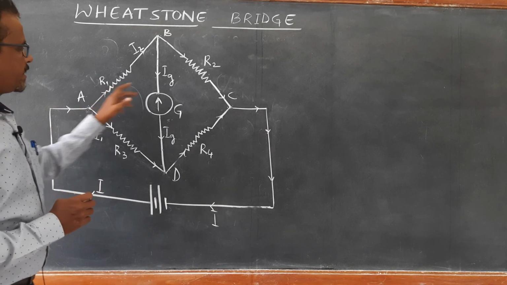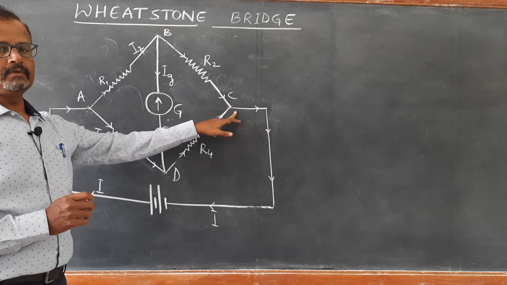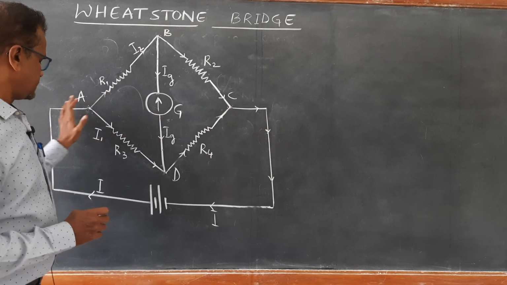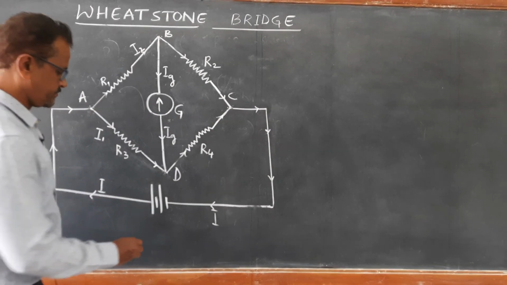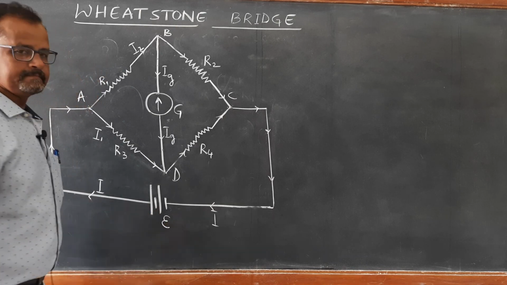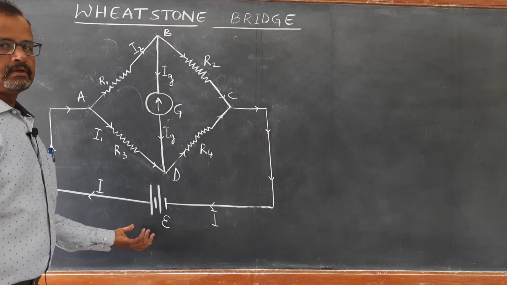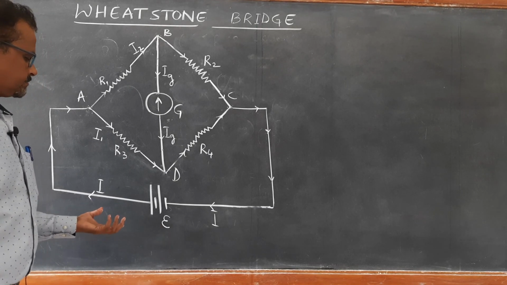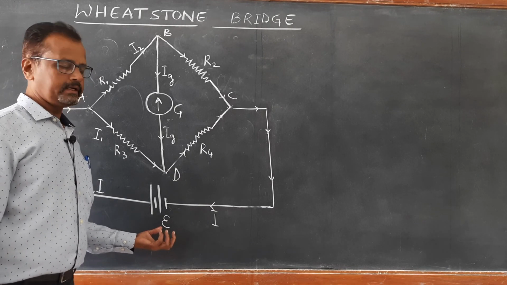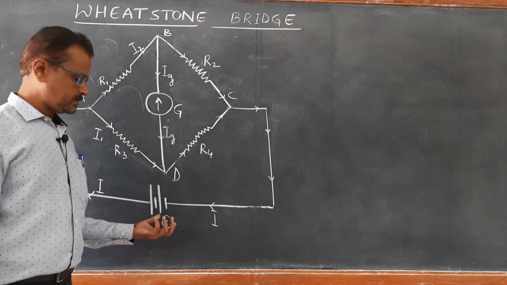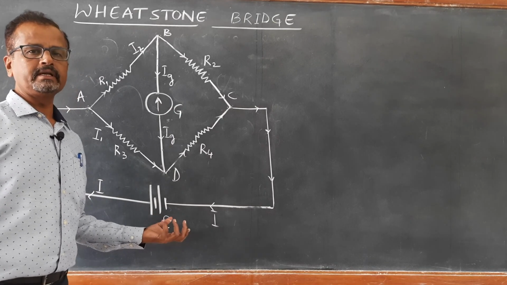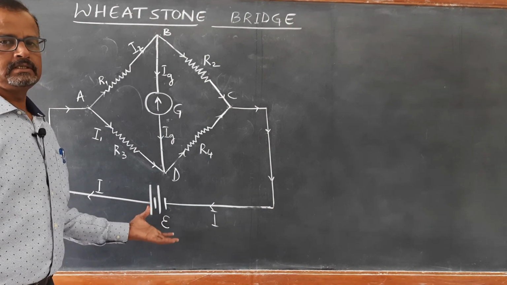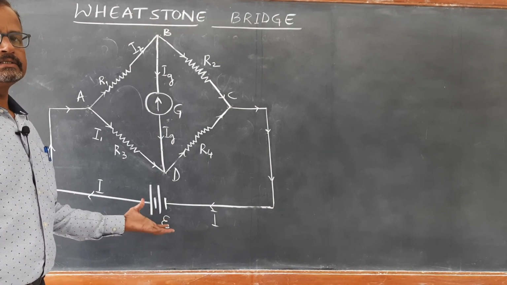Between another opposite pair of vertices, AC, a source of EMF E is taken. Here we take, for our reference, a source of EMF with negligible internal resistance. The internal resistance of this battery is neglected.